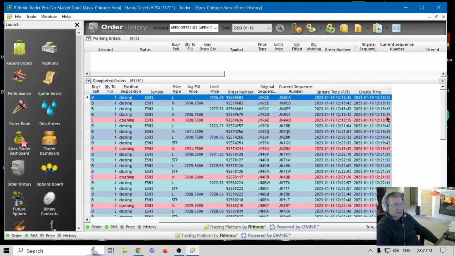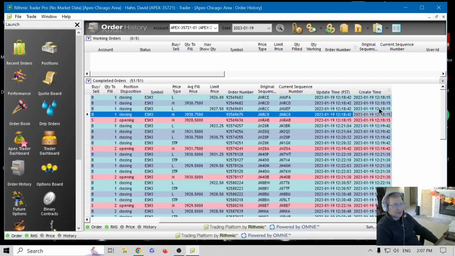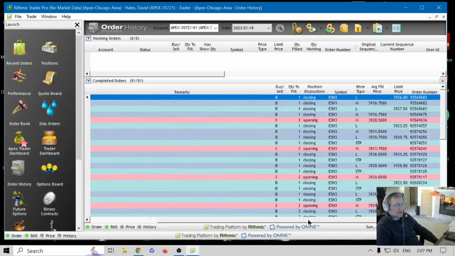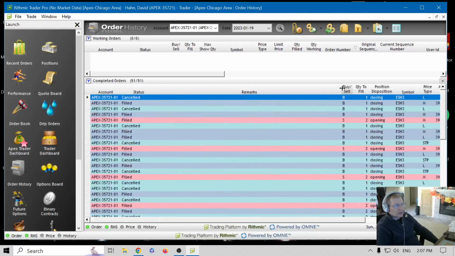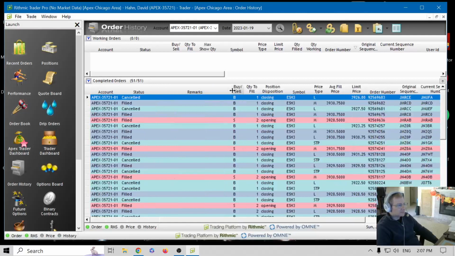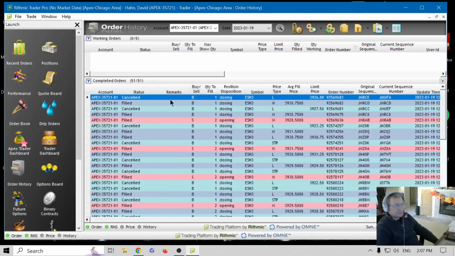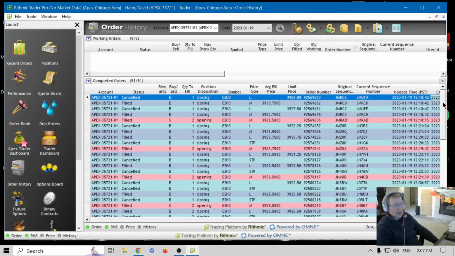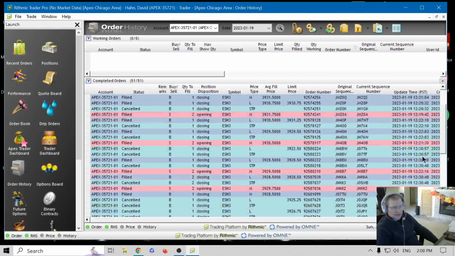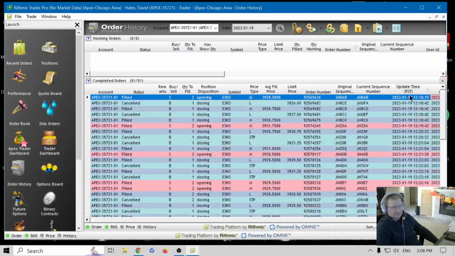But anyway, you see these all have the same timestamp. 1, 2, 3, 4, 5. Let's shrink that in. Maybe we can see better. These actually don't line up exactly with time. Maybe these do now.